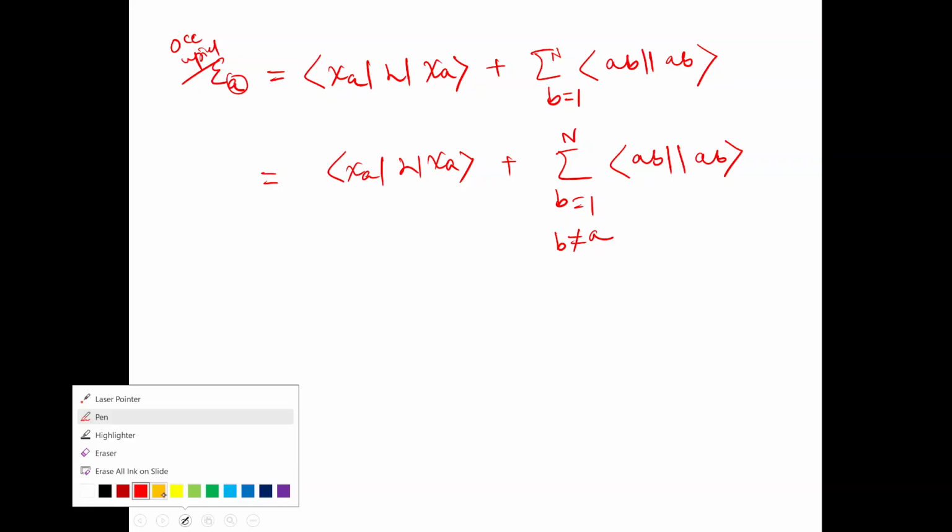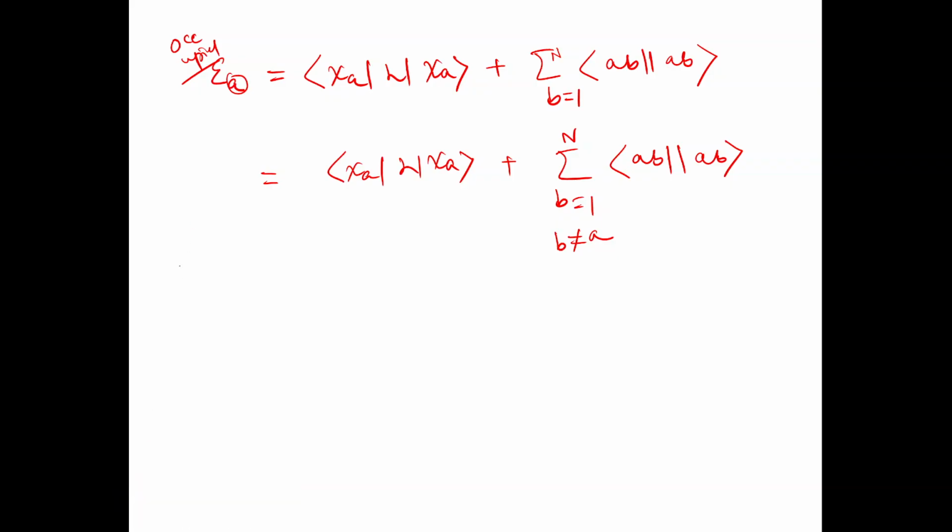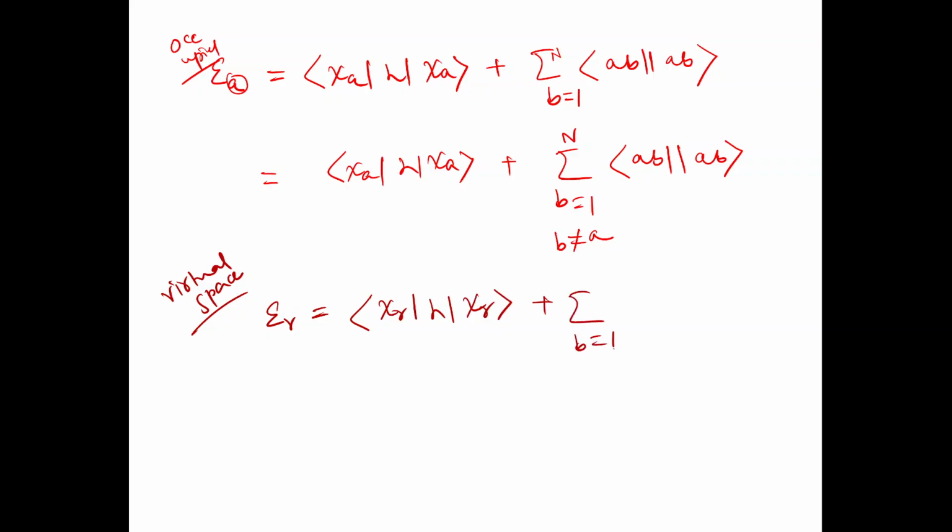Now let's go to the virtual space. We said that we'll denote it with RST. So ER. What will be the orbital energy? As simple as that. This is your chi R H chi R plus summation B equal to 1 to N, then you have RB, RB.